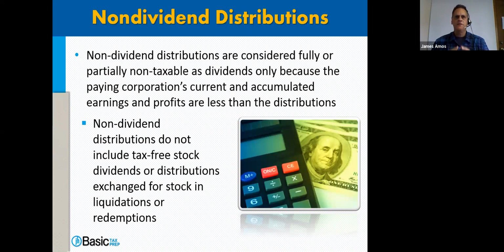So I can invest $1,000 in PGE, which means now they have $1,000 more to work with. And when they pay me from their profits, not a problem. That doesn't affect their capital or my capital. But what happens when they say, well, we're going to give you some money back? Some of it's going to be from our profits. Those are ordinary dividends.